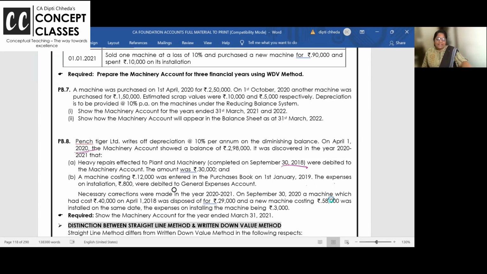So if you're calculating the depreciation on WDV, you don't need the scrap value. Show the machinery account for 2 years. Okay, it's a small problem, let's do it.